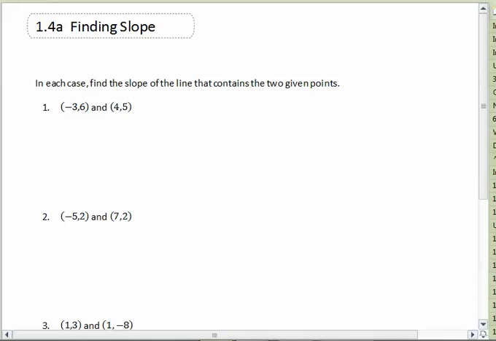All right, let's find a slope through 2 points. It says in each case, find the slope of the line that contains the 2 given points.